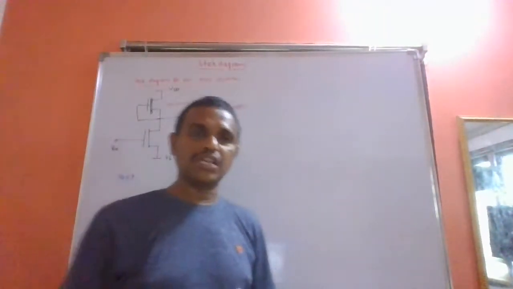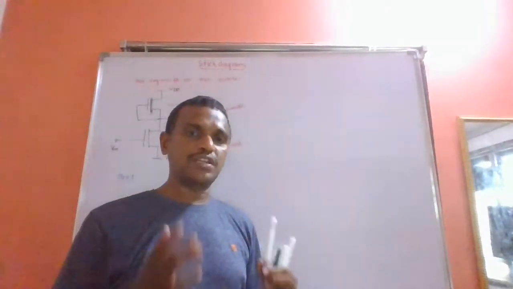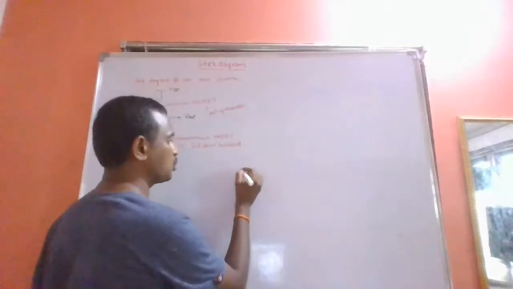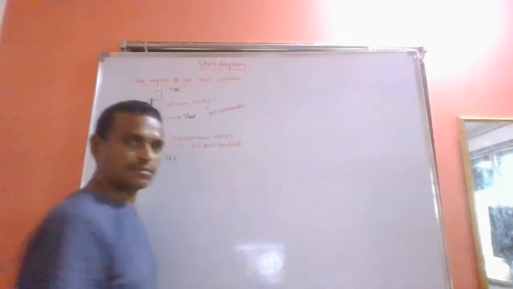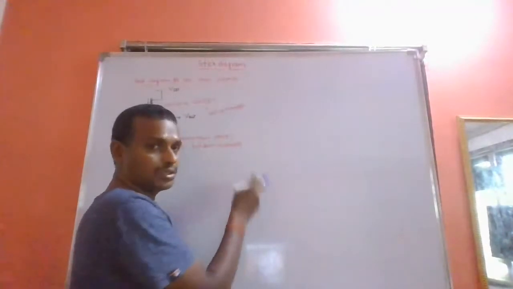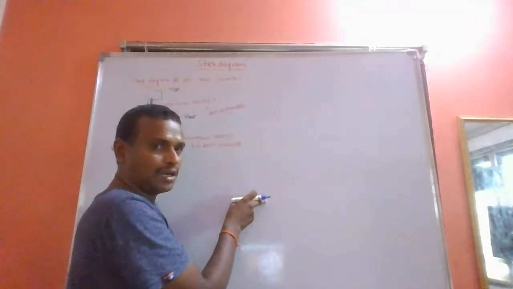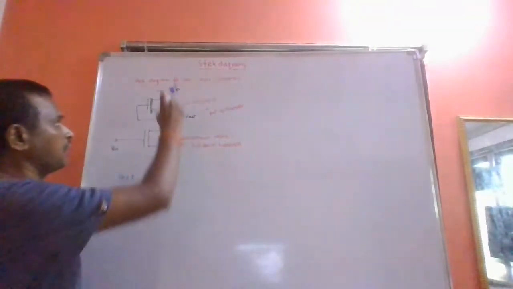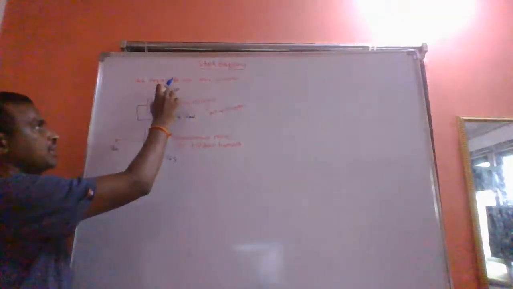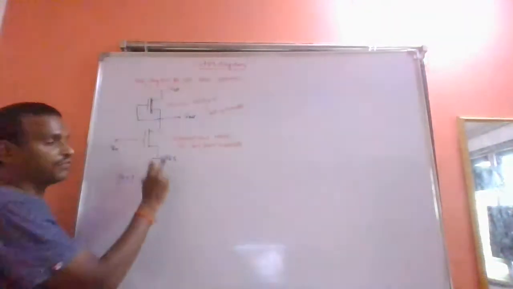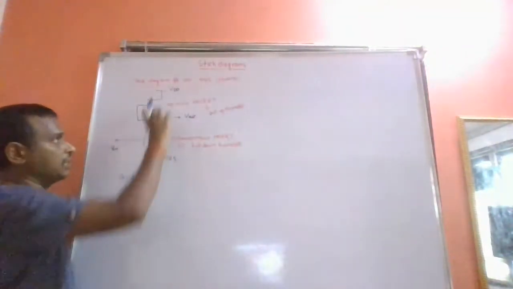Power rail means, generally, if you consider a railway track, that track consists of two parallel lines like this. Similarly here in our VLSI we have two parallel lines, that is VDD and VSS, both in parallel.